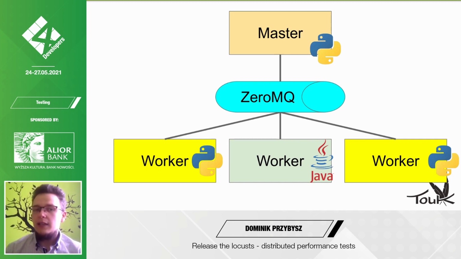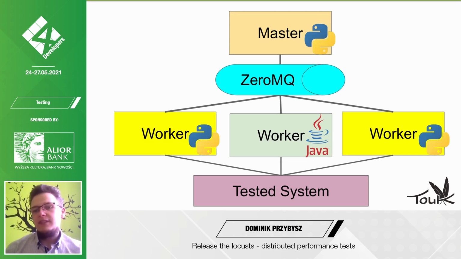So we can write our workers using normal Java code. When it's more convenient for us to write Java code than Python code, then why not? And our workers are talking with the tested system. It's very important on this image to understand that master doesn't have any interaction with the tested system. Only the workers are talking with the tested system.